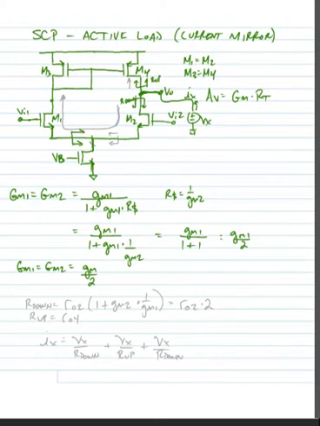R looking down is equal to RO2 times 1 plus GM2 times the resistance connected in its source, which we see as 1 over GM1. Again, knowing that these two are equal, we could say that R down is equal to RO2 times 2.